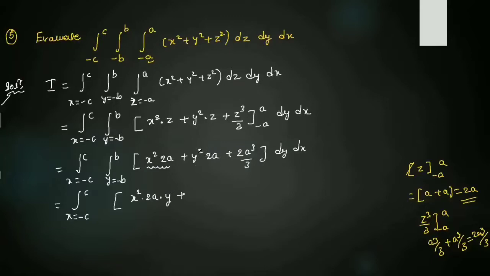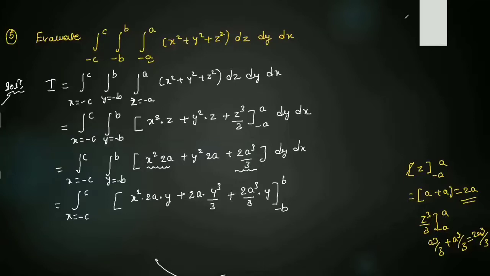Here there is a y term, so 2a, keep it as it is, y square gives y cube by 3. Here there is no y term, so it is a constant, and we have to multiply y to this. What are the limits? Minus b to b.